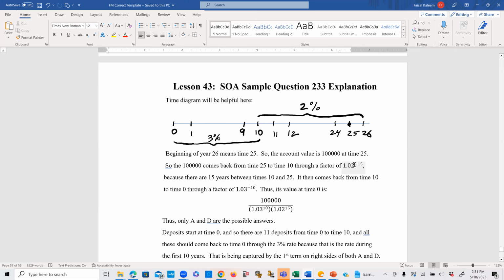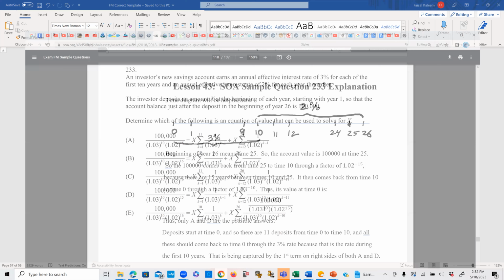So we set the 1.02 to the negative 15 first. So that's what is appearing here. We just divide it and change the power to positive. And this is the other factor, which brings it back from time 10 to time 0. So this expression gives us the value at time 0 of that 100,000, which is the final account value at time 25.